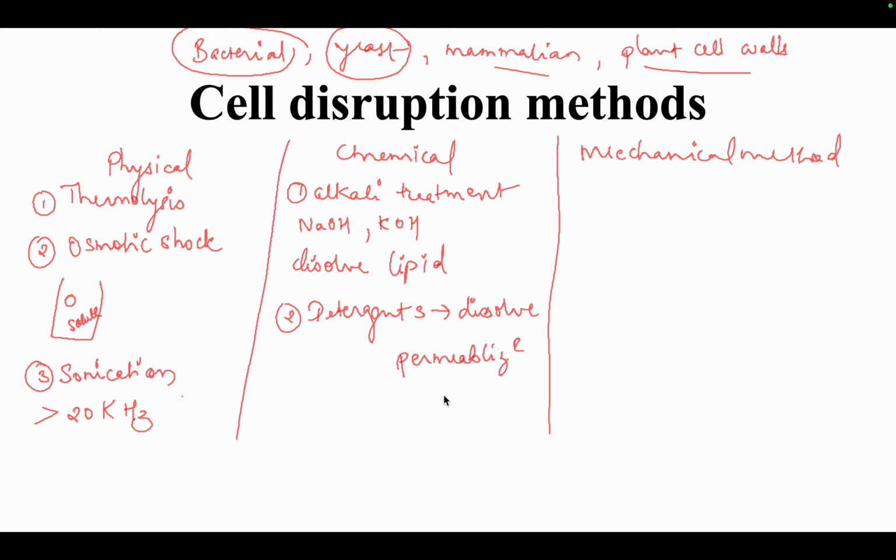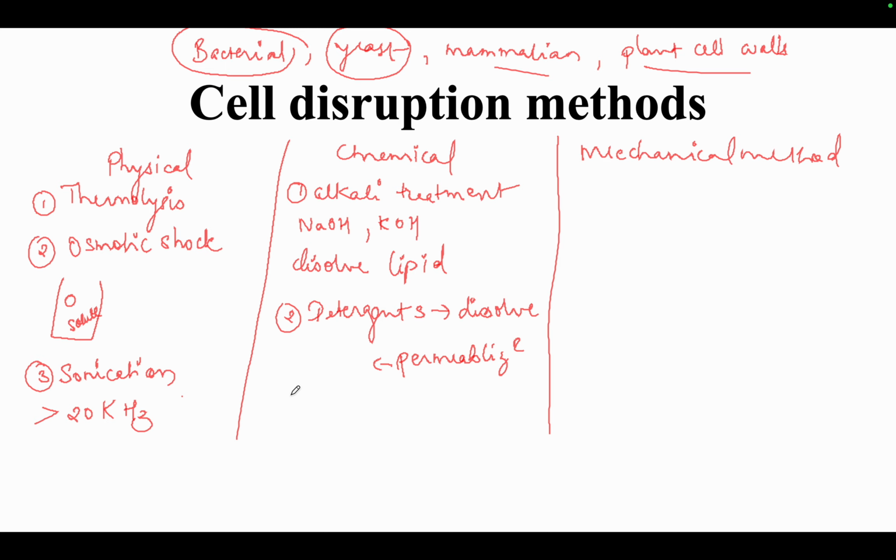Permeabilization is nothing but there will be holes in the membrane, and whatever proteins you have will be collected. This permeabilization will create holes and we will get protein out of the intracellular fraction.